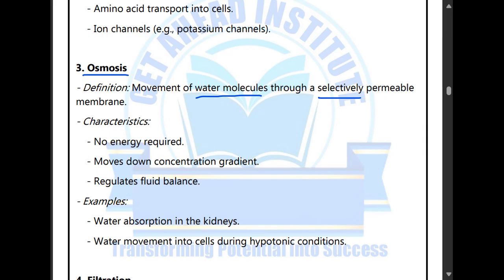The reason why this is also considered a passive transport mechanism is that it has those characteristics which are very peculiar to this kind of transport mechanism. We have no energy expenditure. The movement is down the concentration gradient, and osmosis helps in regulating fluid balance.